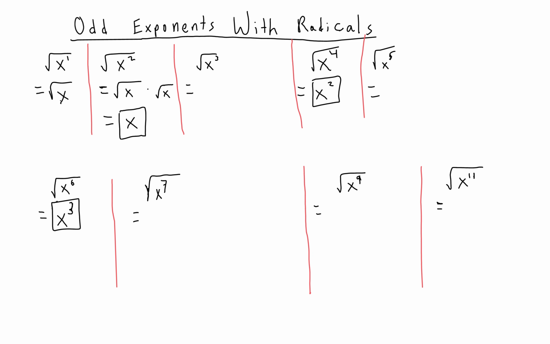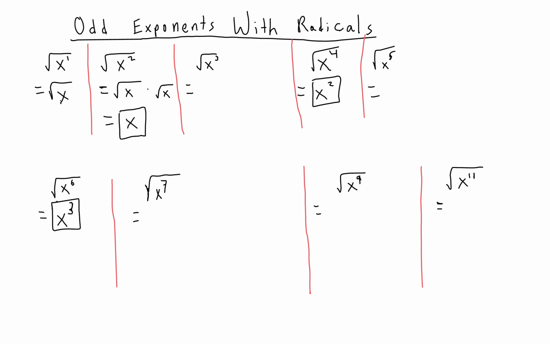Let's discover and find a pattern for how to simplify radicals with odd exponents. We already have a pattern for taking the square root of all of the other types of exponents, whether it's even, where really what we're doing, based on the pattern, is taking half of the original exponent, because that's how many pairs of x's are going to be there.